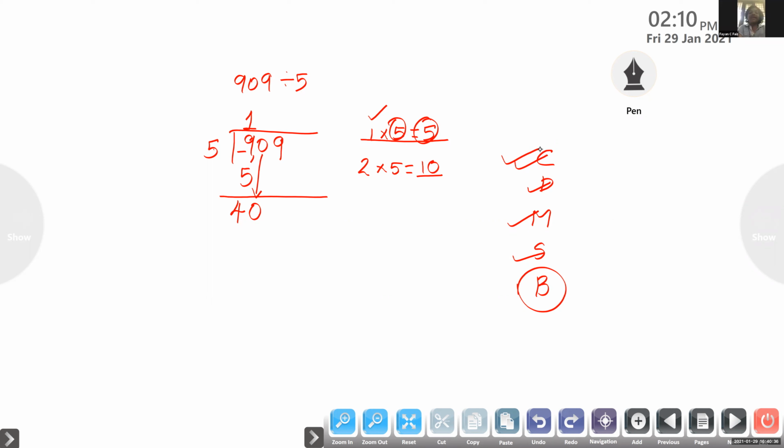Fadil, please unmute. What do you have to do to divide 40 by 5? What step do you have to do? Arav, please unmute and say.